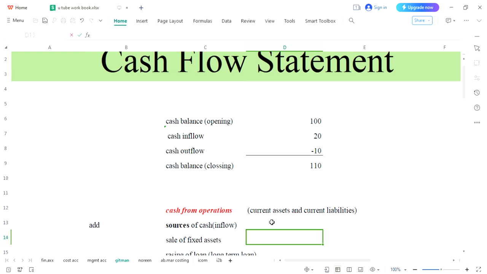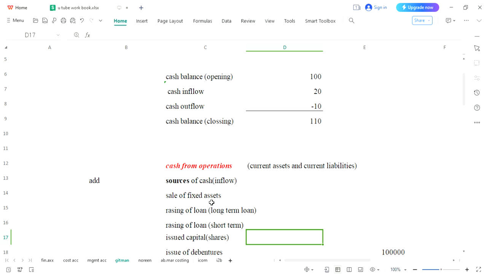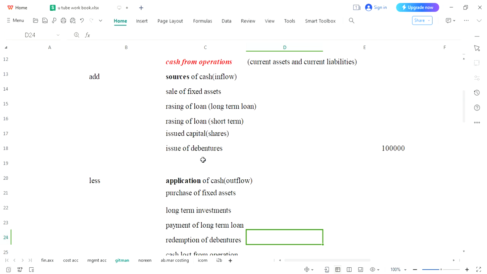As I have already written, look, fixed assets and fixed liabilities here. When you are receiving cash from fixed assets and liabilities, when you are paying cash for fixed assets and liabilities.